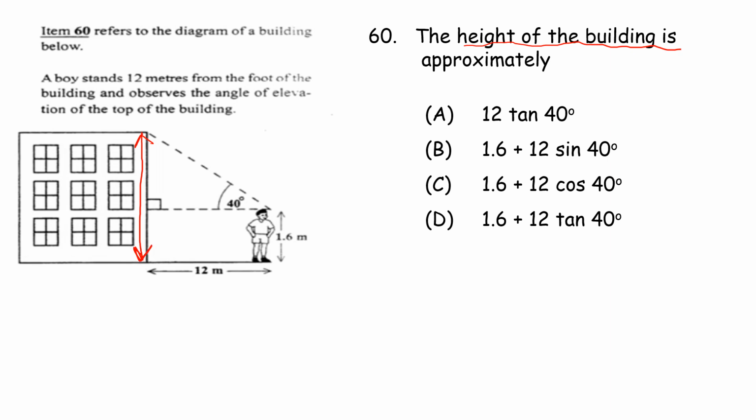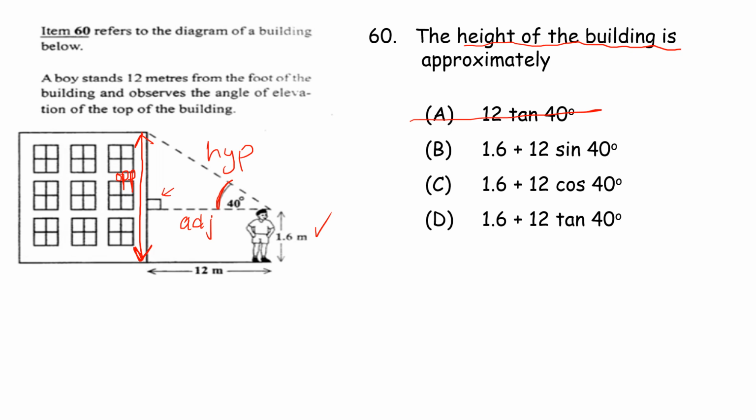We have to include this 1.6 meters, so that eliminates A. Now we label our triangle. This is the right angle, this is my hypotenuse, this is the angle of elevation, this side is adjacent, and the side that is the height is the opposite. So we're trying to find the opposite.